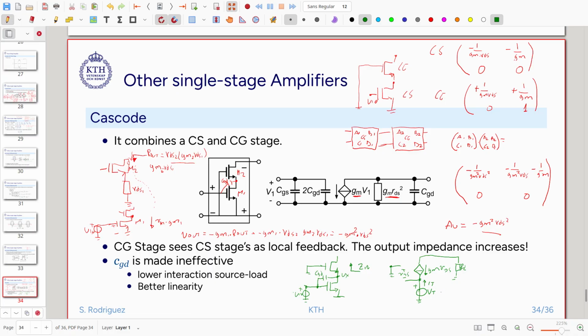And my impedance that I see in that direction, Rin, is going to be equal to Vtest divided by Itest. So we have that VT, okay, it is this voltage to ground, is the same as this voltage to ground, so it has to be equal to minus VGS.